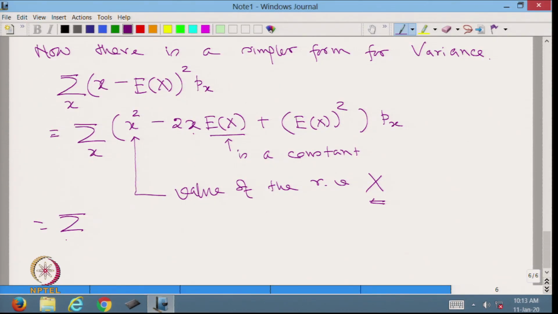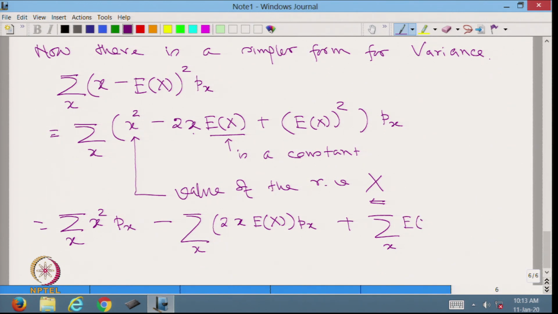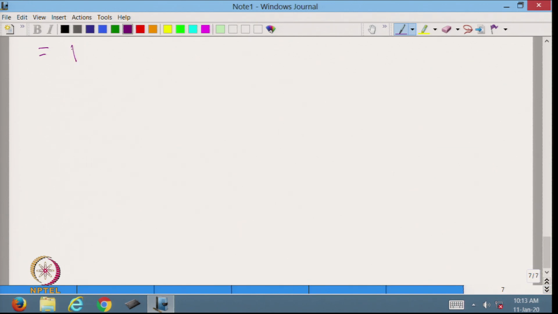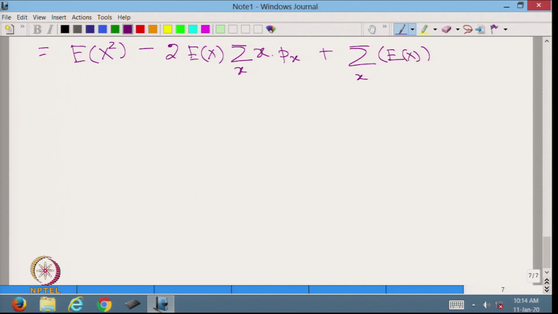So, this is equal to sigma over x of x square p(x) minus sigma over x of 2x expected value of X p(x) plus sigma over x of expected value of X whole square times p(x), which is equal to expected value of X square minus 2 times expected value of X. As it is a constant, we take it out of the summation sigma over x of x p(x), plus sigma over x of expected value of X whole square times p(x).